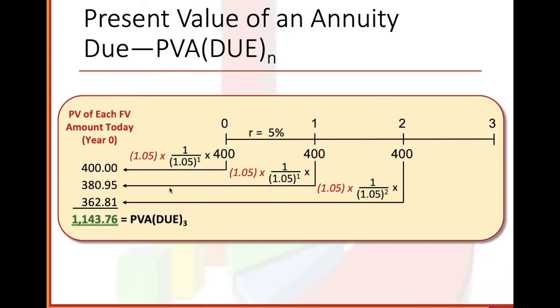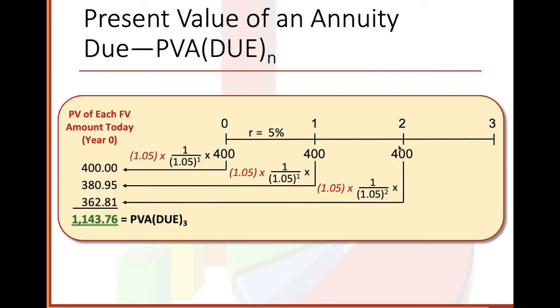Present value of an annuity due, PVA due, sub n. So again, this one we're working backwards, and it's going to be 1 over our growth rate squared to the first. But keep in mind, this is where we multiply by 1.05, our growth rate, in each of these examples.